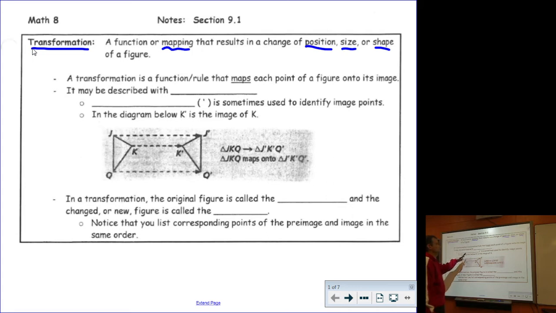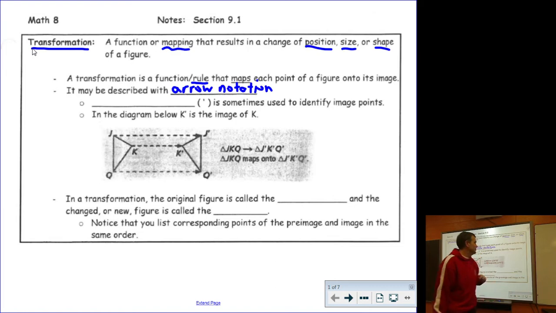A transformation is a rule or function that maps each point of a figure onto its image. It may be described with arrow notation. In just a minute, I will talk about arrow notation.